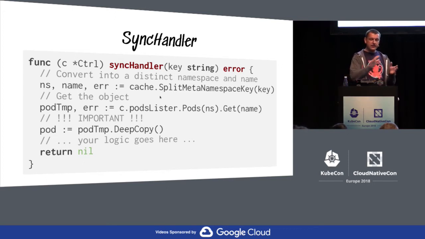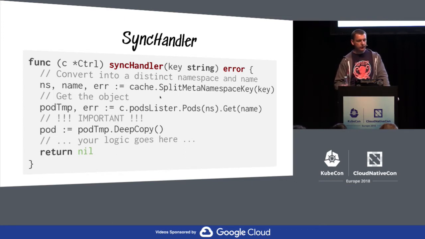Okay. And here goes the most important thing of all, right after the shared informers. Because you're using a shared cache, you're not getting an object.